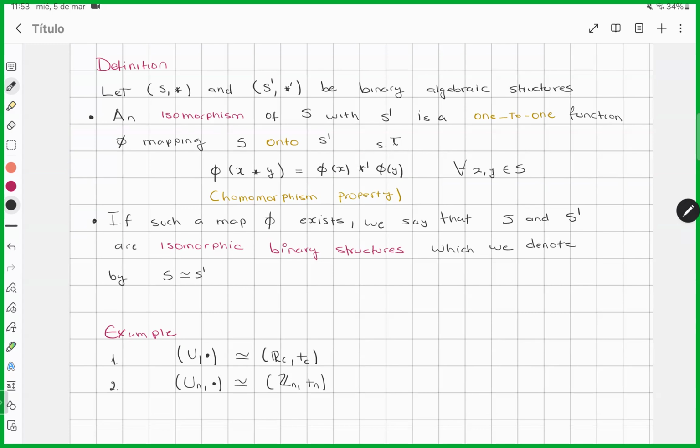An isomorphism of S with S prime is a one-to-one function phi mapping S onto S prime such that the following property holds for every x and y in S. Now, if such a map exists, we say that S and S prime are isomorphic binary structures, and we denote this by this symbol. So, as an example, we have these two examples we have already shown in some previous videos.